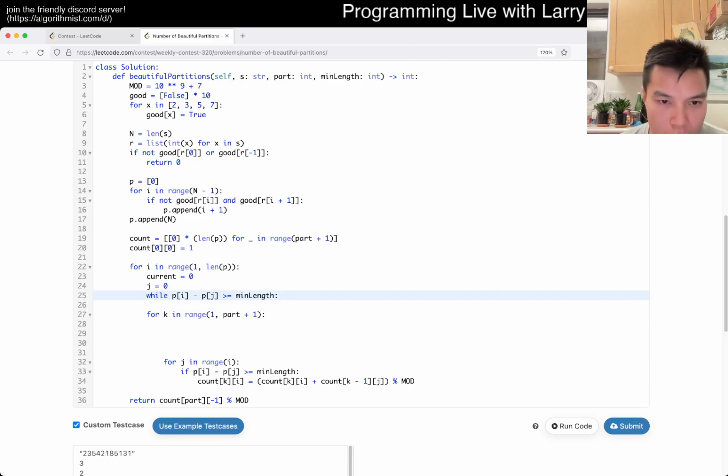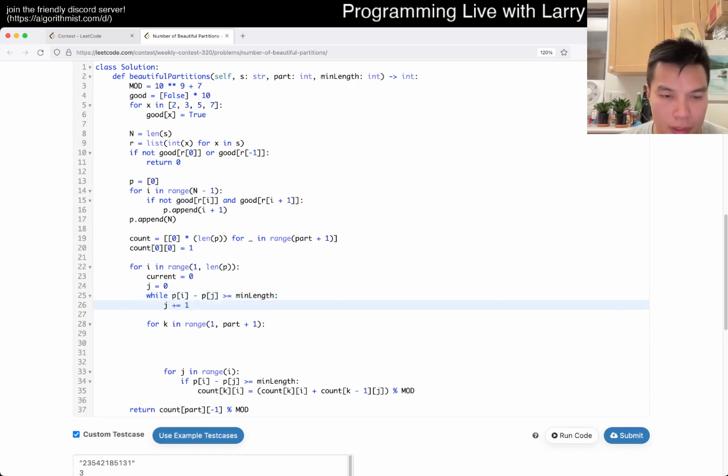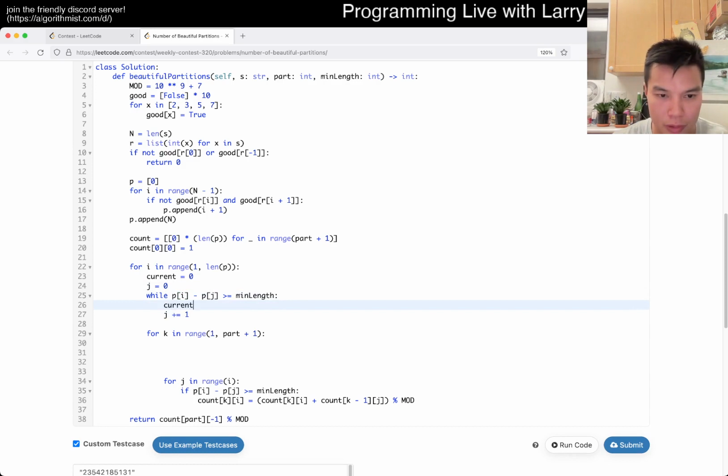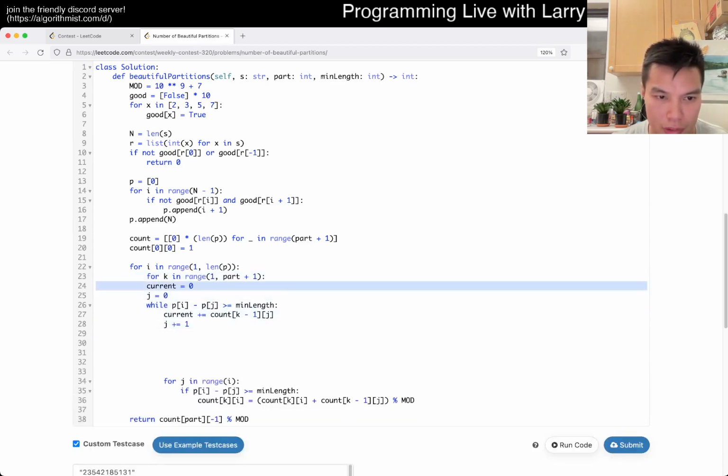So if this is true, we increment, and by definition of the I, then it should be 0, so that shouldn't be okay. But that also means that current we add by count of k minus 1j. So this doesn't make sense to be here. Maybe we have to do it here. But this looks really awkward.